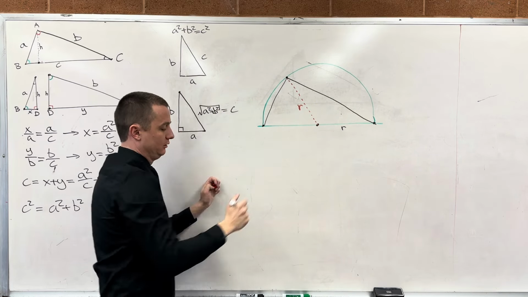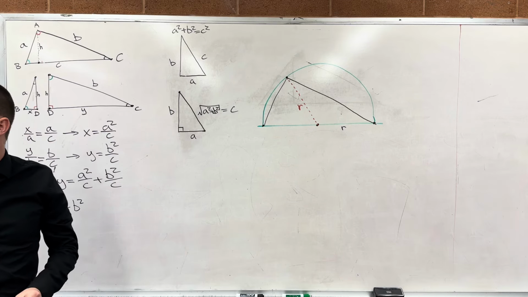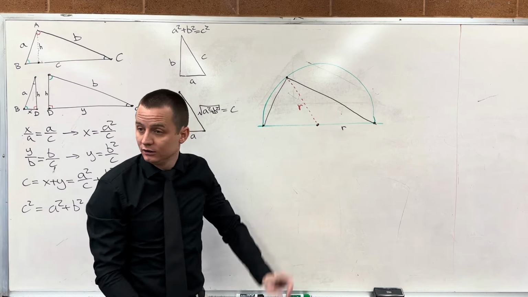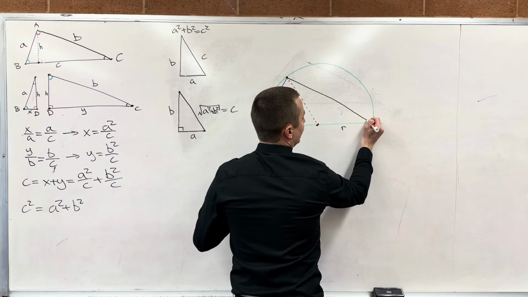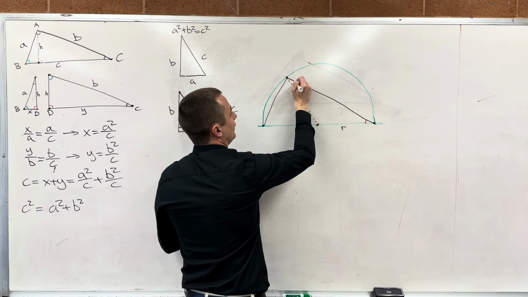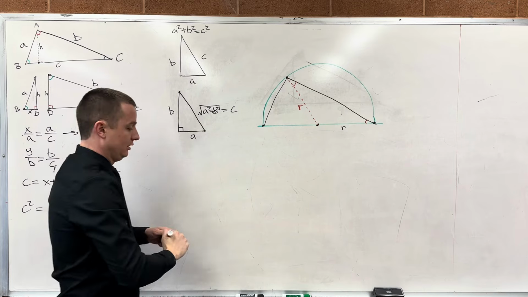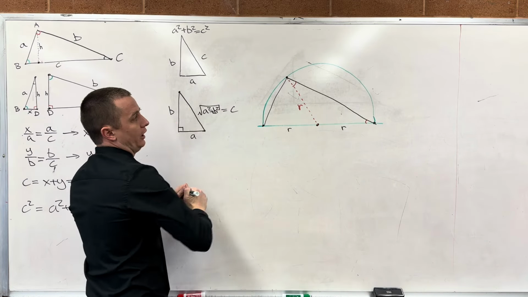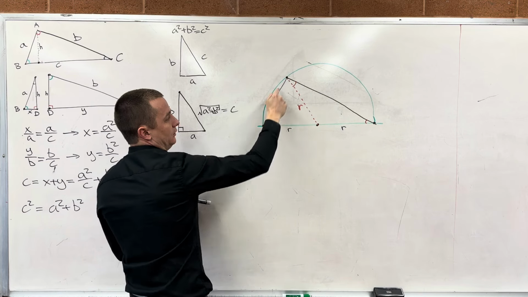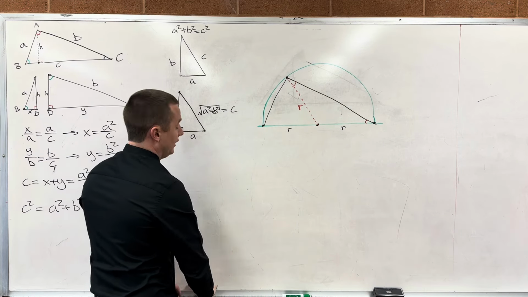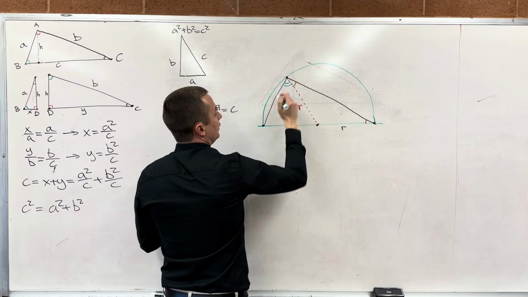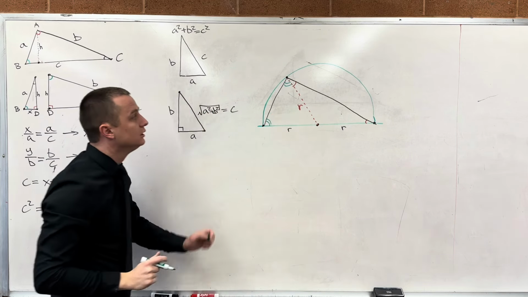What kind of triangle is it? It's an isosceles triangle. And so the base angles are congruent. And so I know that this angle is congruent to this angle. Similarly, this is also R right here, right? So this triangle right here is an isosceles triangle. And so I know that this angle is congruent to this angle.